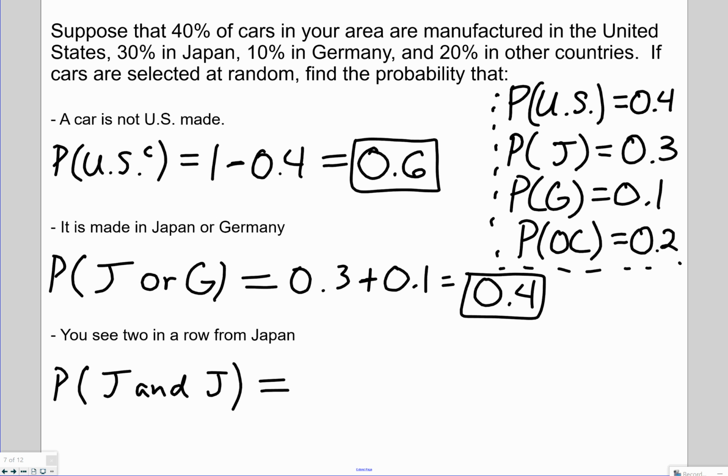That they're independent. So now here's the thing. Imagine millions of cars out there in Houston. If I pick one up and look at it, oh, made in Japan, and put it to the side, take it out of all of those millions of cars, what happens to the probability of getting a Japanese car on the next one?